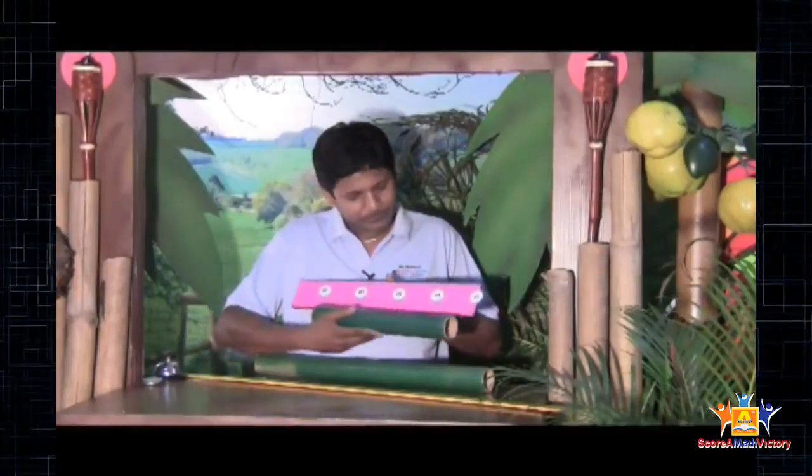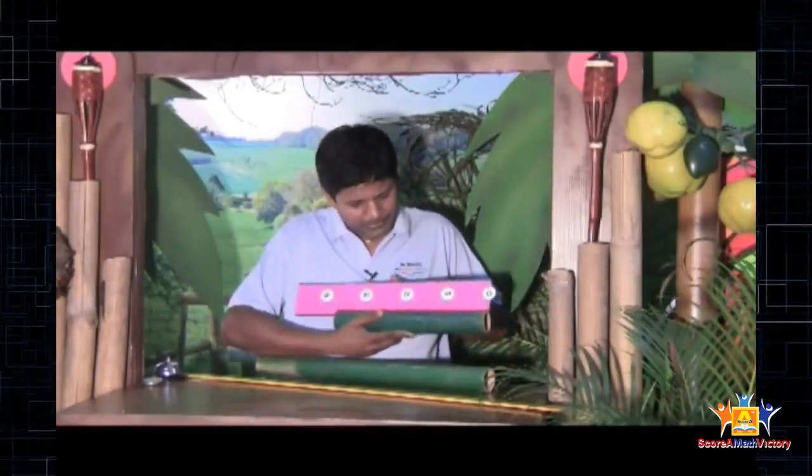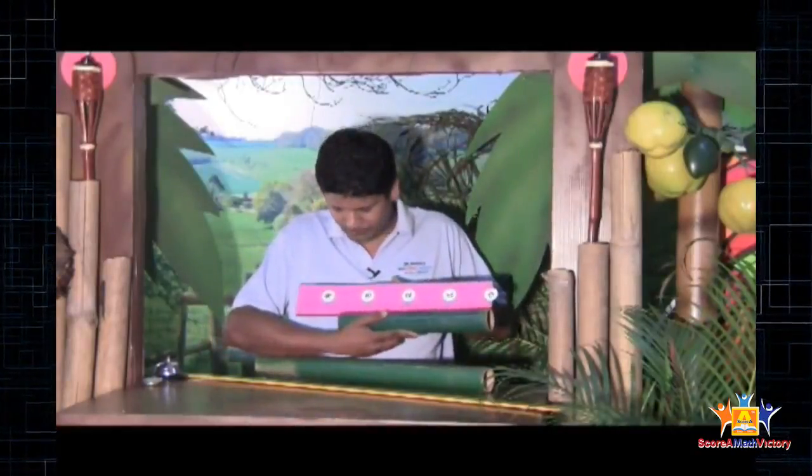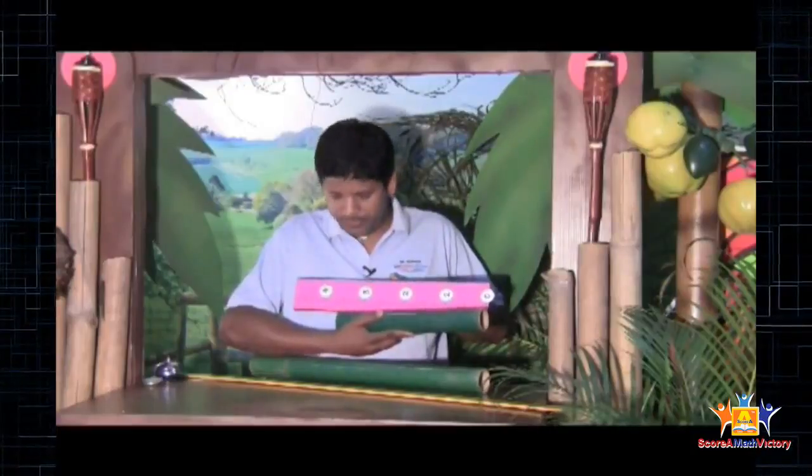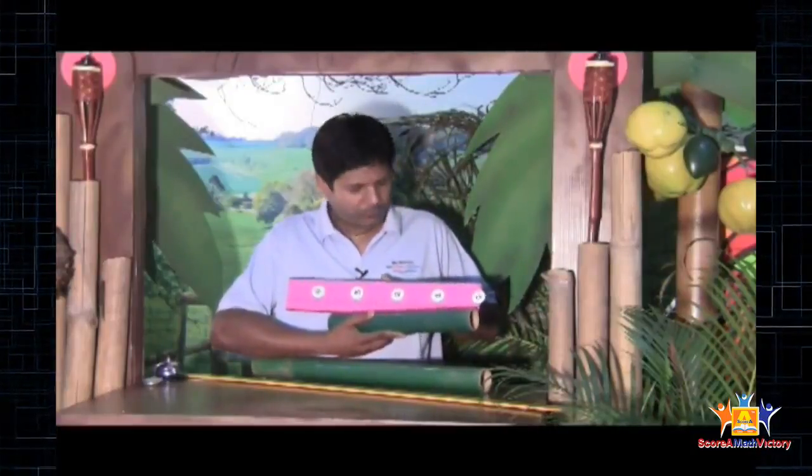Well, let me put some decimals in between them. Look at this straight edge. When I put the short tube and measured it, it fell right in the middle, right at 3.5. How do I know it's 3.5?